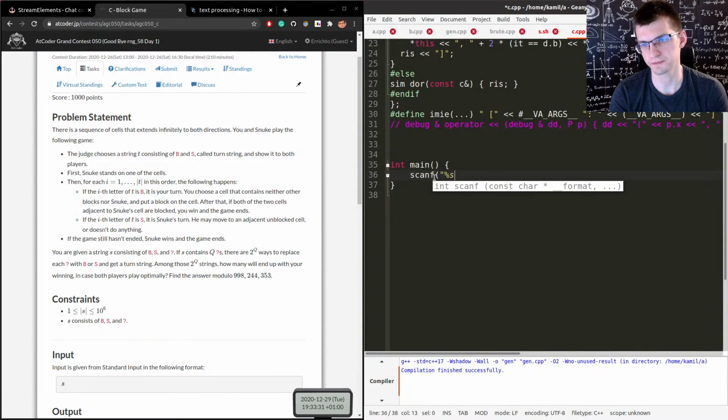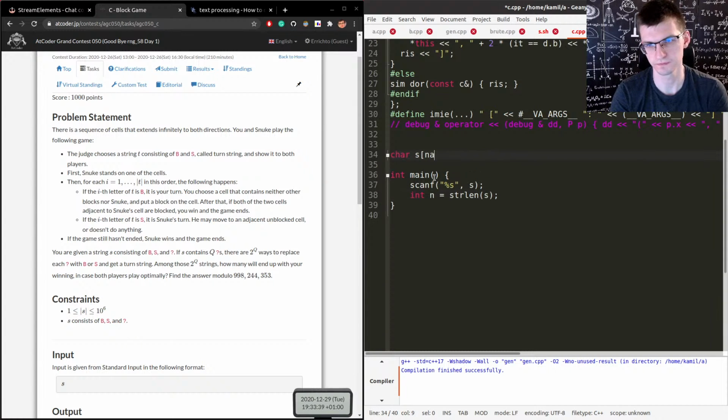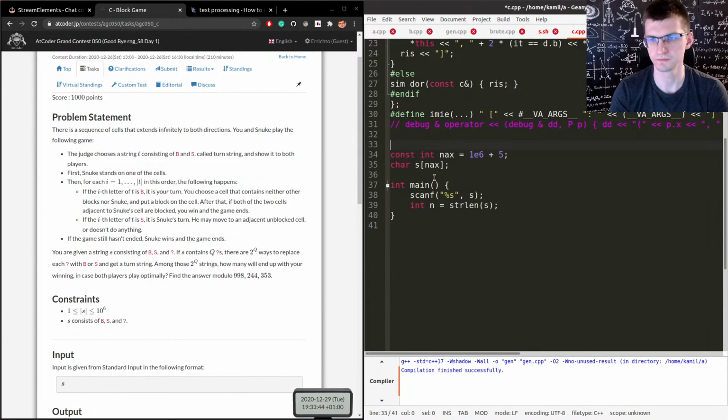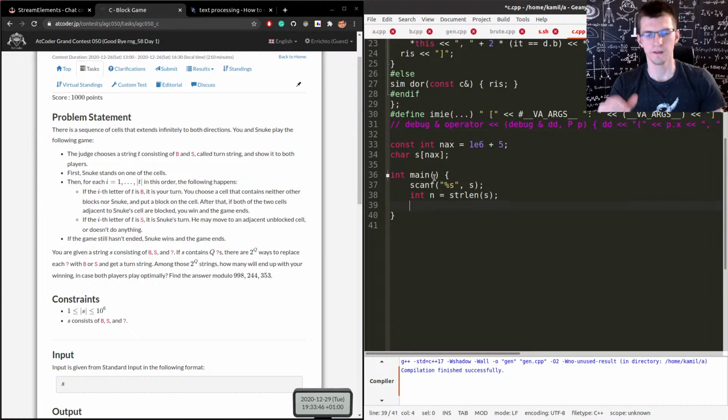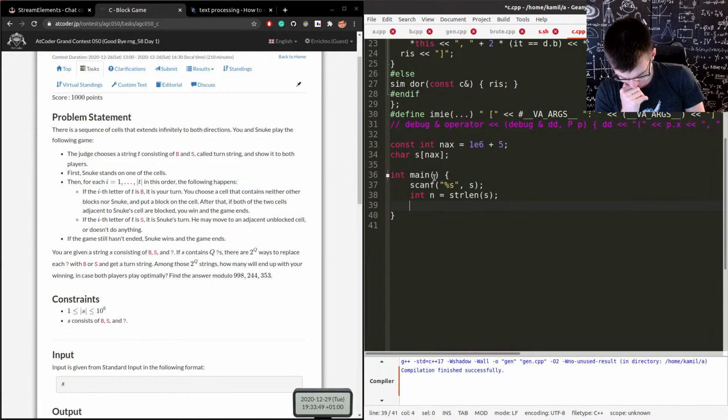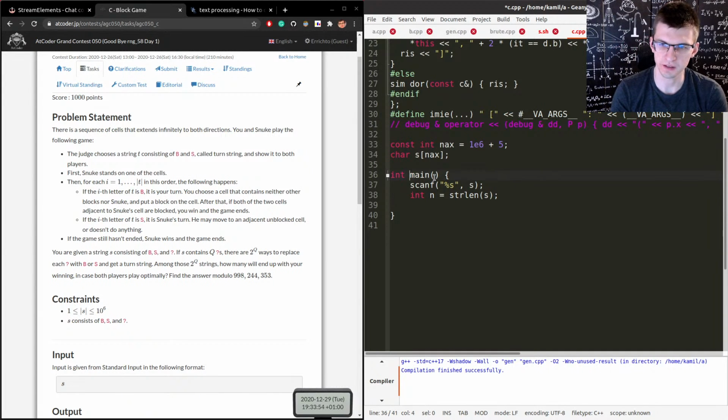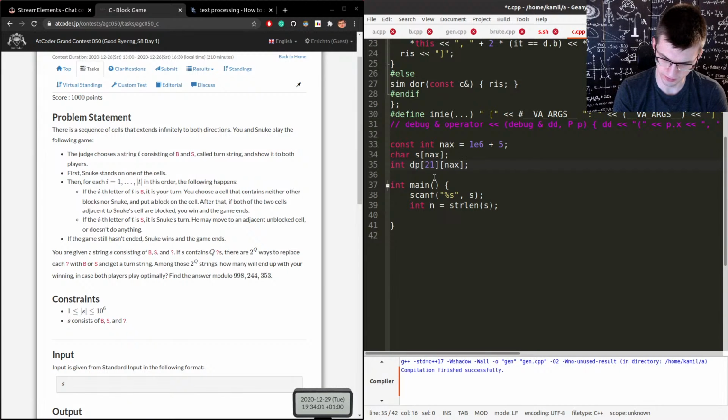We read the string. What now? It's dp of nax and 20. Like that, or does 21 go second?